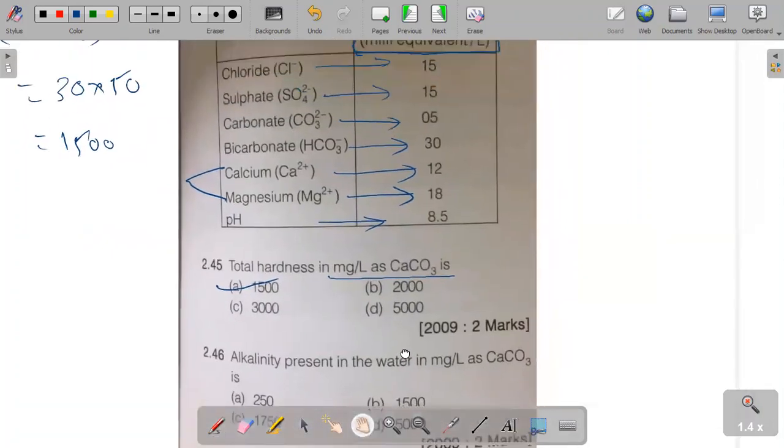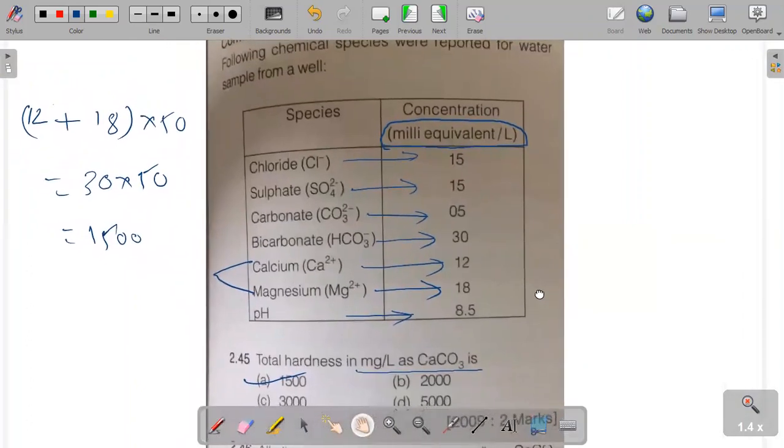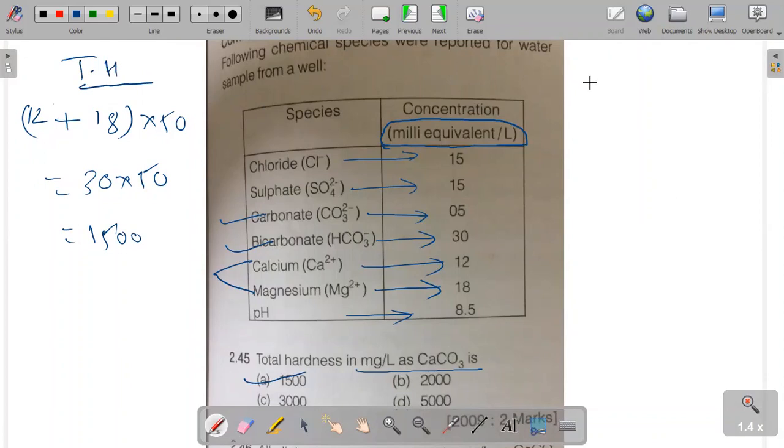The alkalinity species which cause alkalinity are these two, CO3 2 minus and HCO3 minus, and for this is total hardness, and here alkalinity.